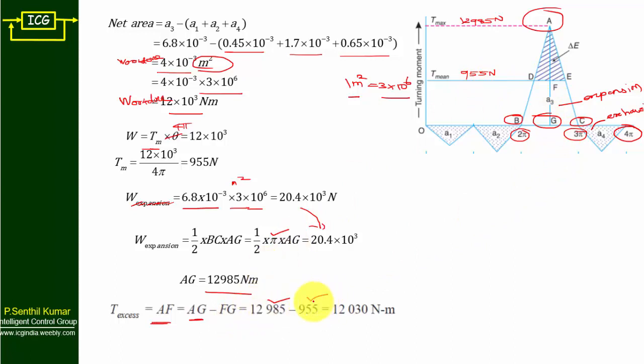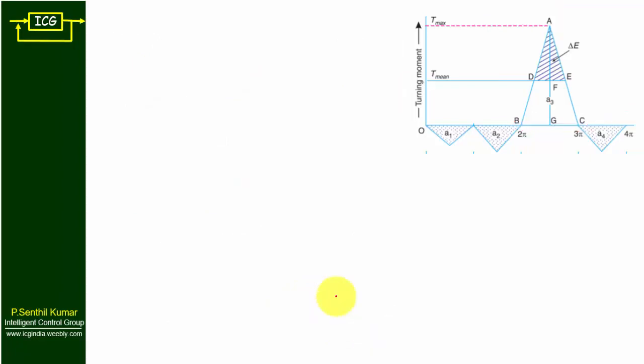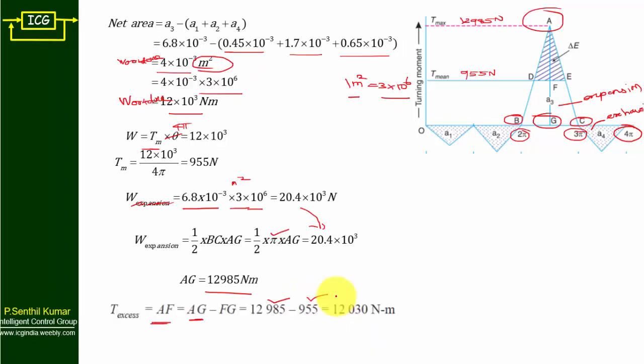So 955, you will get 12,030 Newton meter. This is the value of T excess. Okay, so this value I can mark it as 12,030 Newton meter. With this detail, now we will move on to find the value of DE.